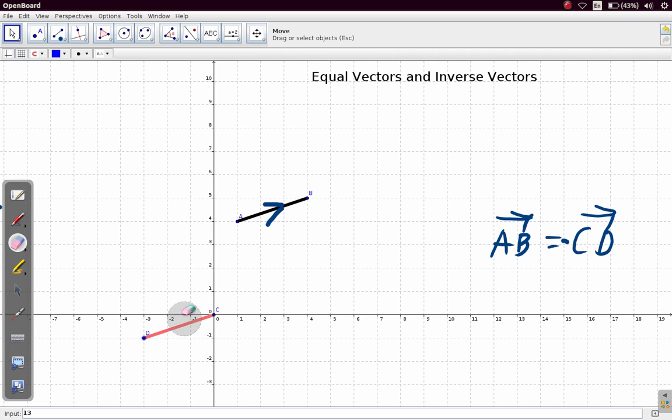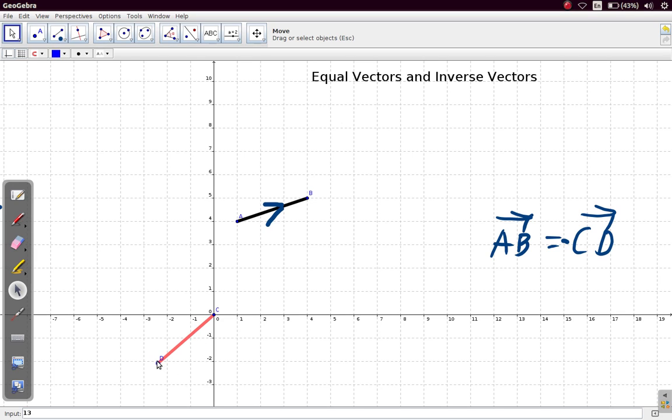Now notice that if I should do this, same magnitude, but guess what? They are not in opposite direction anymore. So these would not be inverse vectors. All that happens is that they have the same magnitude, but they're not inverse vectors.